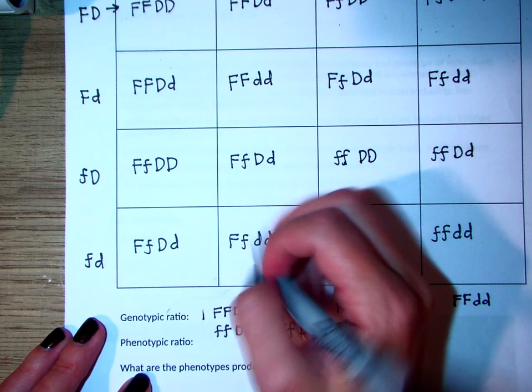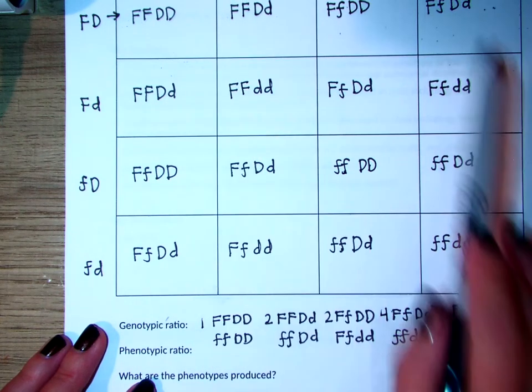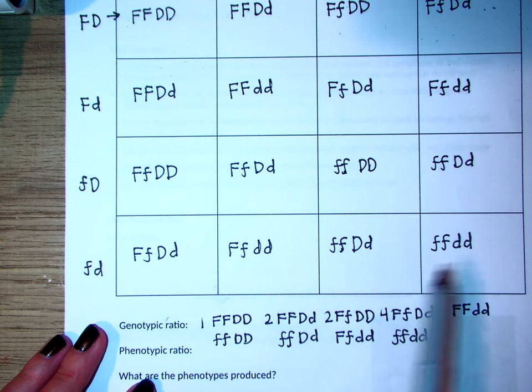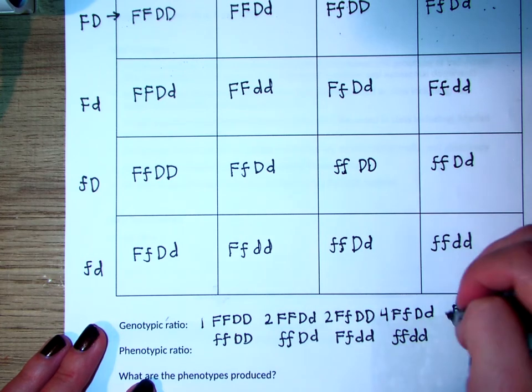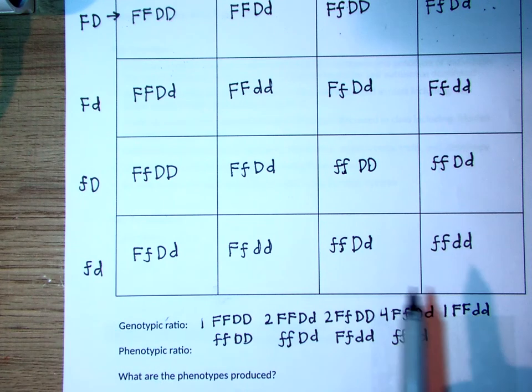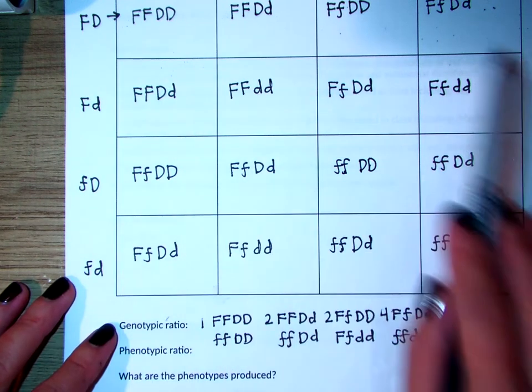1, 2, 3, 4. Then 1. Just 1. Little f, little f, big D, big D: 1.